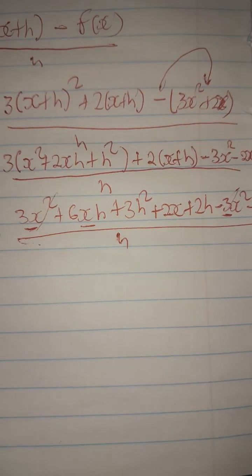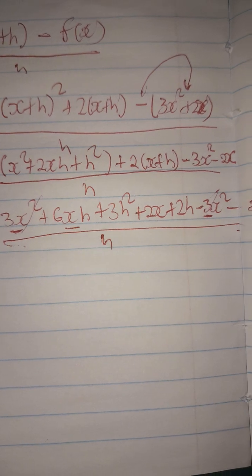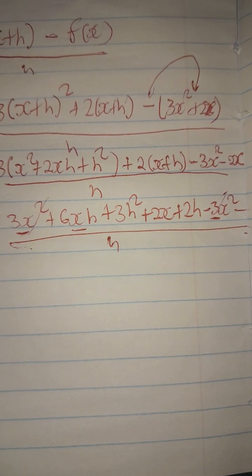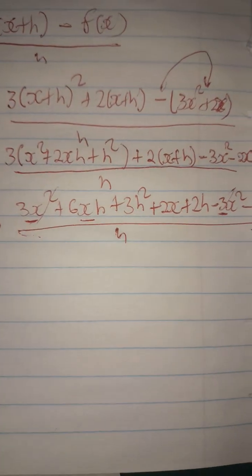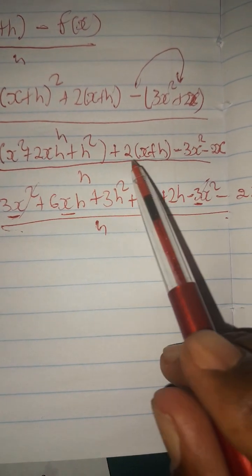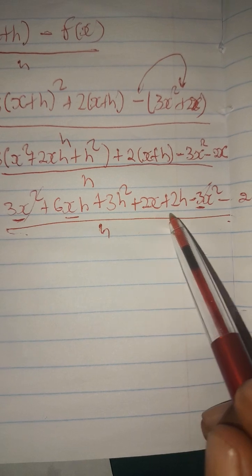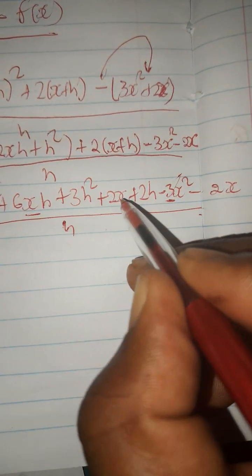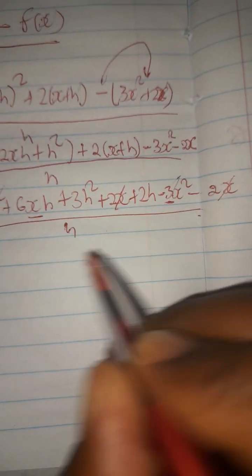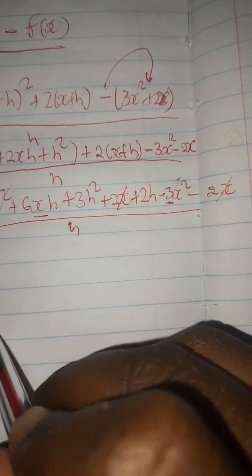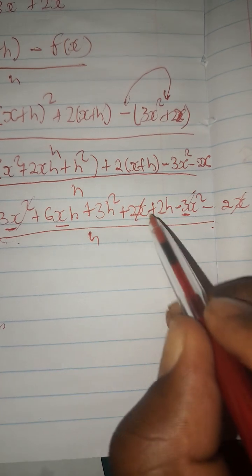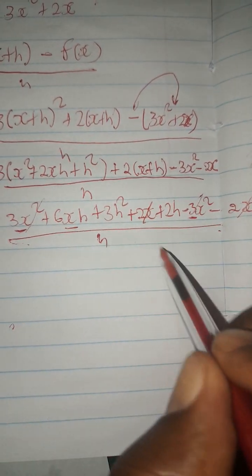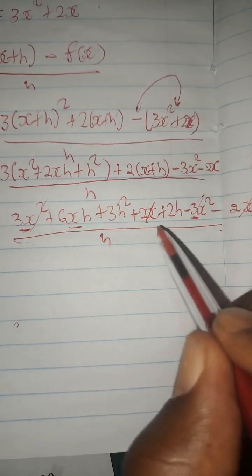Remember 6xh. And by the look of this, we have 2x here, we have 2h. Let's focus on those that have like terms. 2x and 2x as well, they will just cancel. Is there anything that goes with h, not hx, not xh?